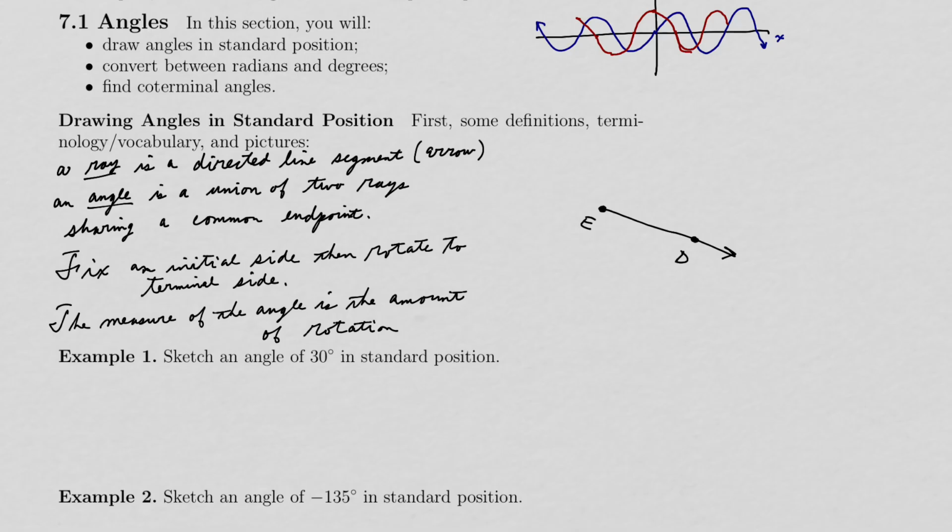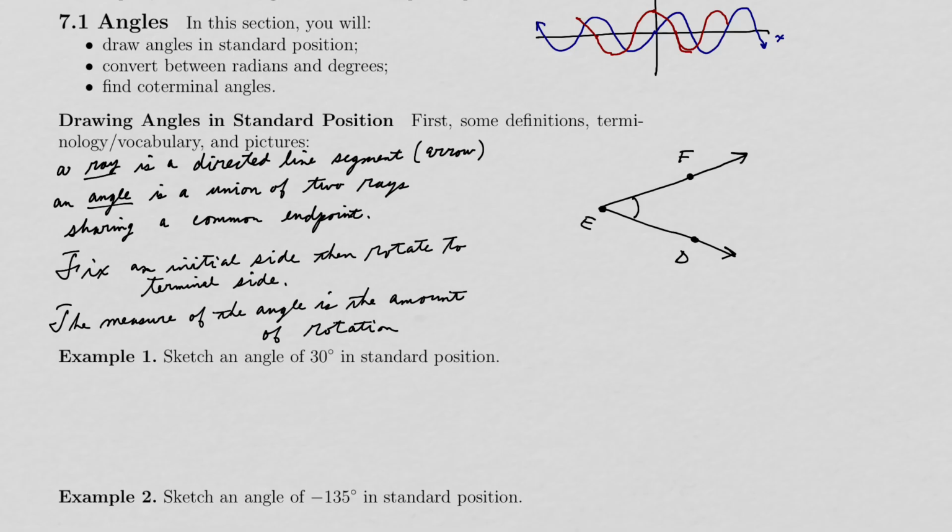And then I have another ray, say EF. So they have the same endpoint, E, but this one goes through F. So notice that there's an angle formed, right, by those two rays.